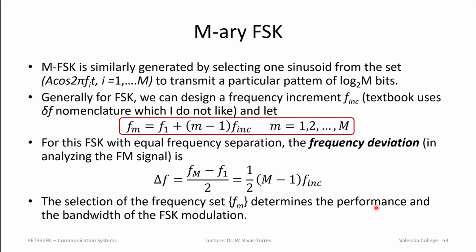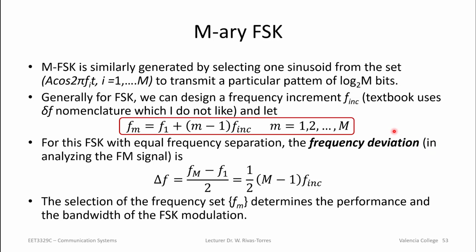FSK, we know that we do that. We're going to generate a series of different carriers, in a certain particular pattern for log 2m bits, right? So generally for FSK, we design a frequency increment. So each symbol has a different frequency, and as we go from one symbol to the other, we have an increment in frequency, right?